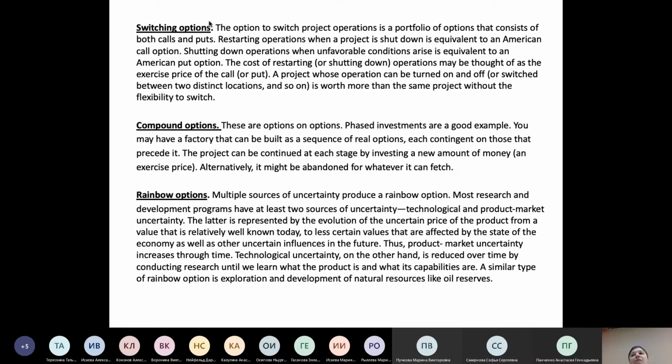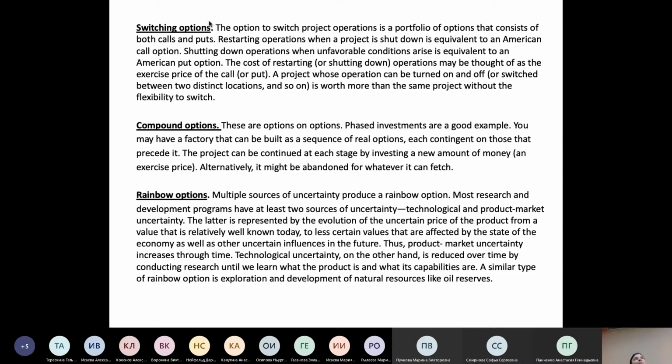And the wide diversified options, or I can name these difficult build options, such as compound options and rainbow options. Compound options mean option on option.